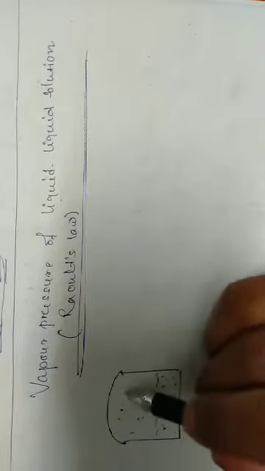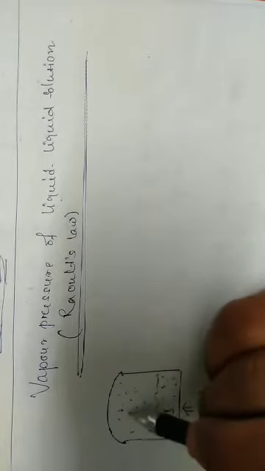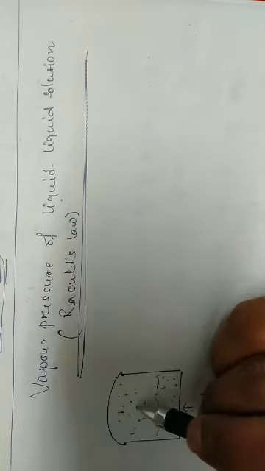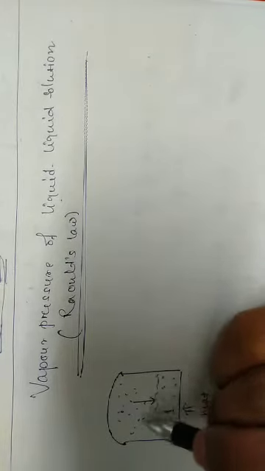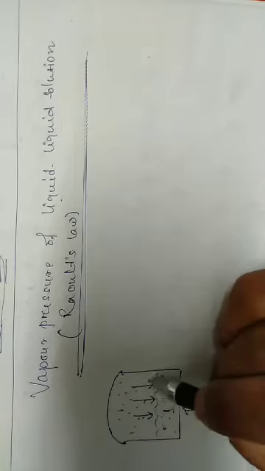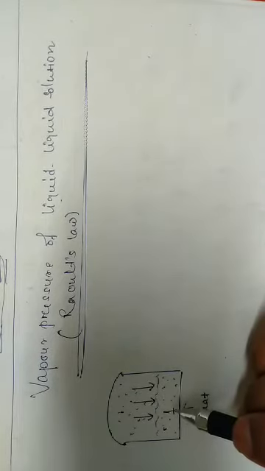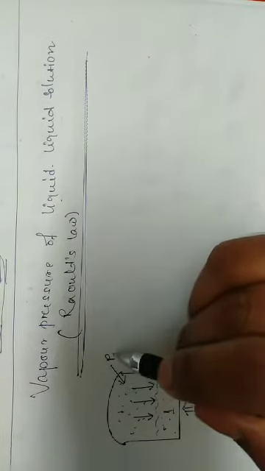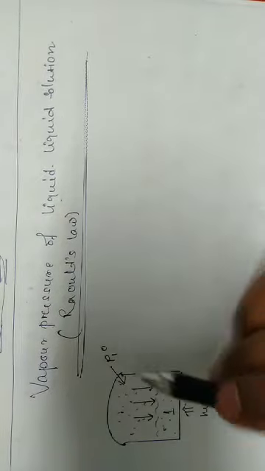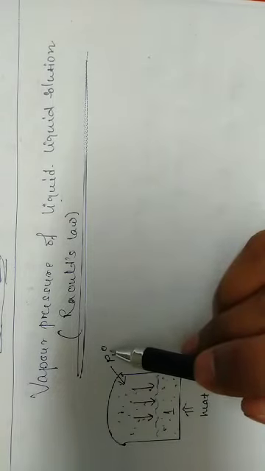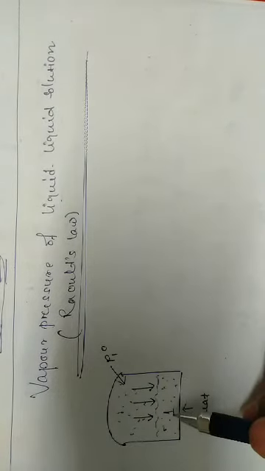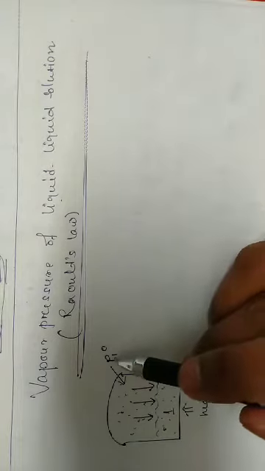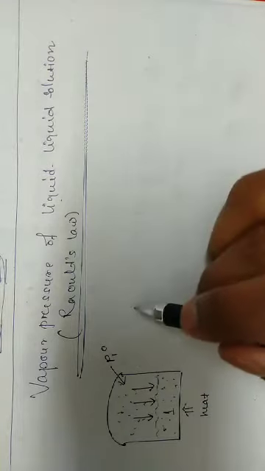From the vapor state, molecules apply pressure on the surface of the liquid, which is known as vapor pressure. This container contains only pure component 1. So the vapor pressure for the pure component 1 is denoted by P1 naught. Naught represents the pure component, since the container contains only one component. The vapor pressure for the pure component 1 is P1 naught.